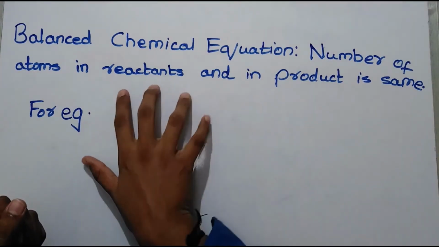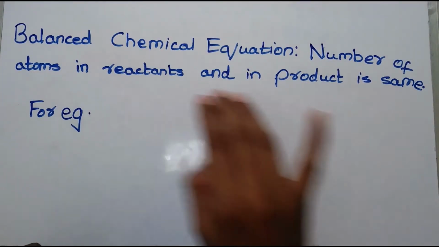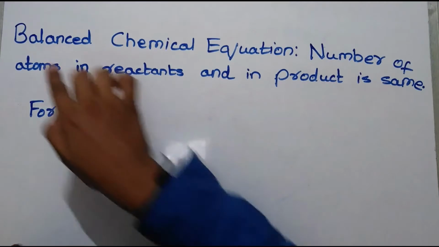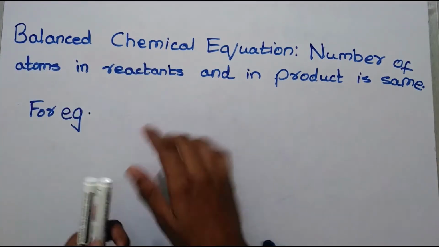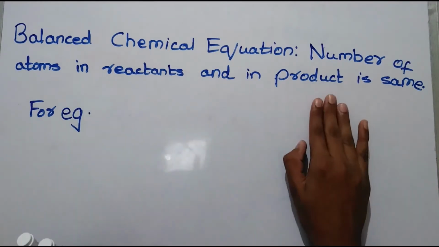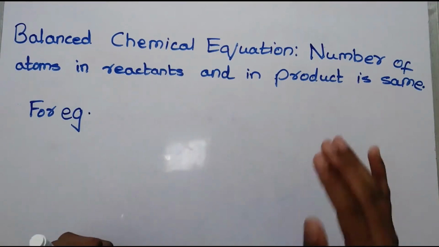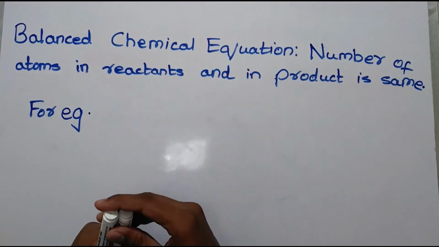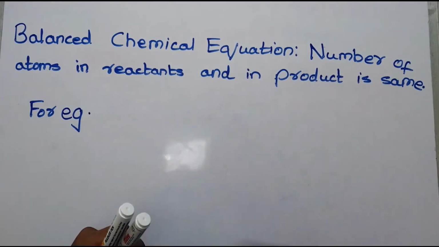So if the number of atoms in the reactants and in the product are the same, then it is called a balanced chemical equation. You can learn in detail about reactants and products in the chemical reactions and equations videos which I have put on YouTube. You may see that in the I button, so do check that video too.